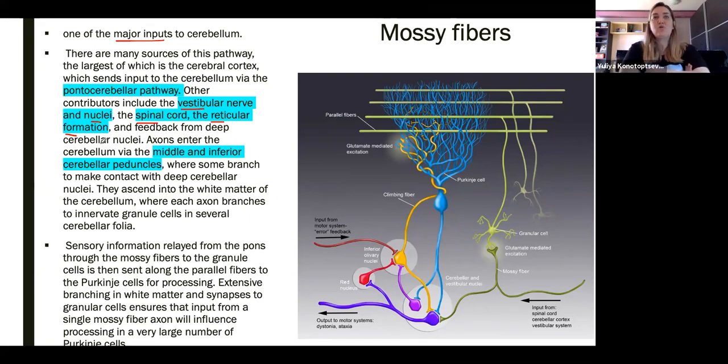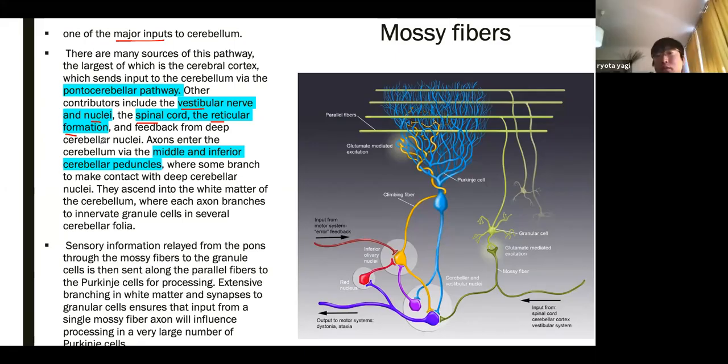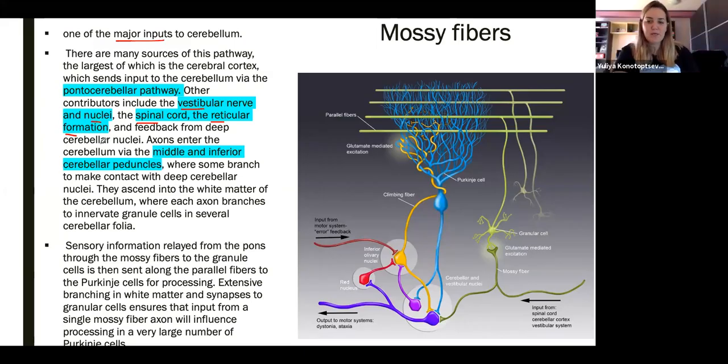Before that, which peduncle is interacting with the cerebellum and the pons? Middle. So is it correct to say that mossy fibers can only be present in the middle cerebellar peduncle?